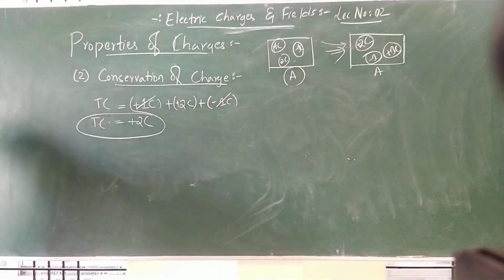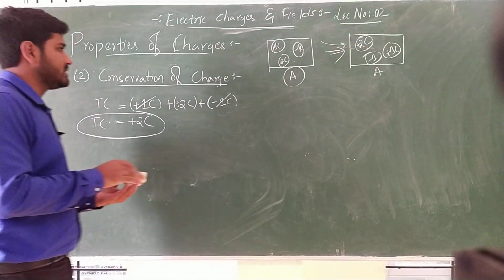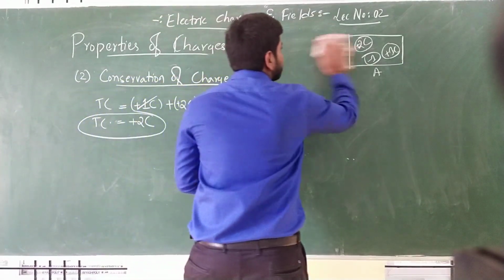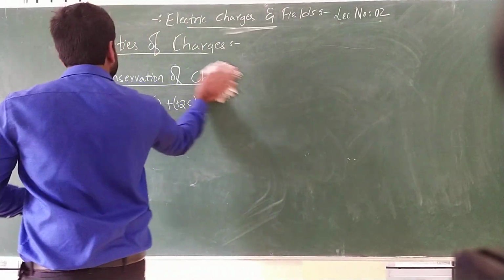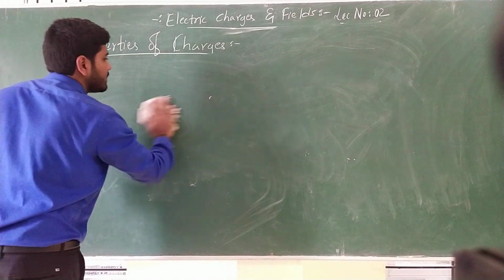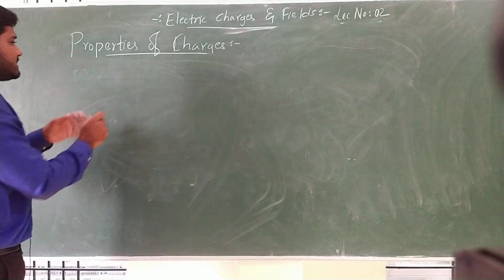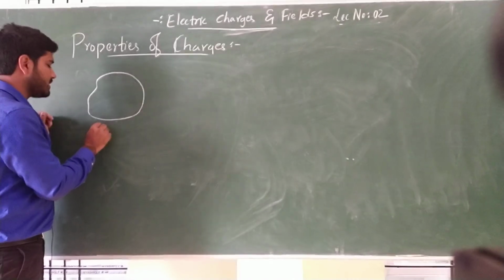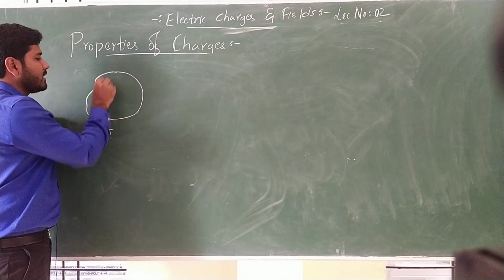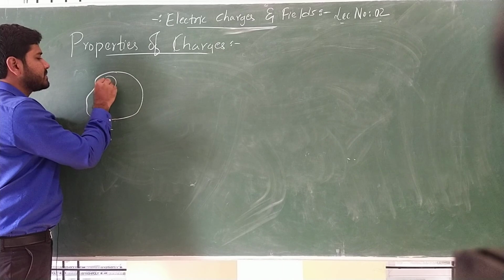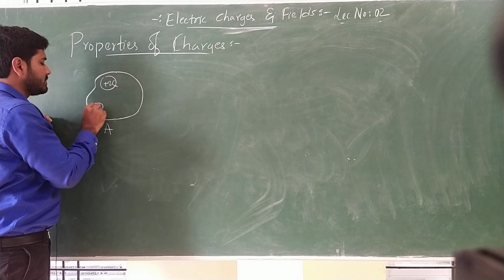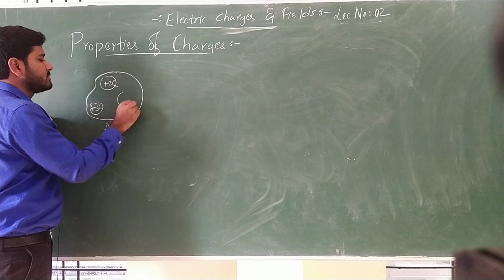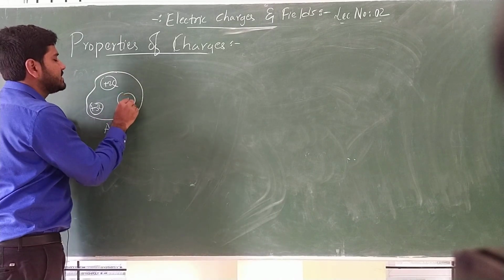Take one question, then you can understand this fully. There is a system, first an isolated system. This is system A, and it contains charges plus 2 coulomb, plus 3 coulomb, minus 1 coulomb.